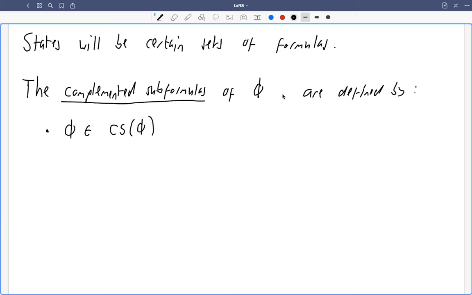Okay, so we're defining the set CS phi of complemented subformulas. So phi is a complemented subformula of itself because it's a trivial subformula of itself.